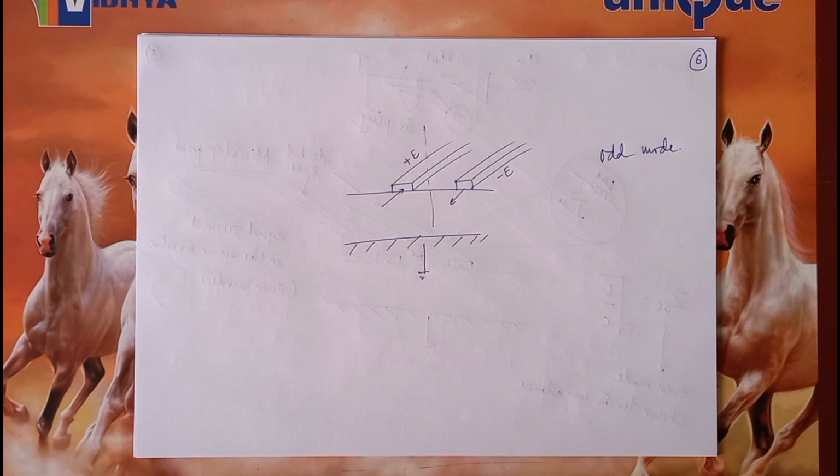So the question therefore is, how can we model the interaction between those two conductors in some kind of an electrical way?